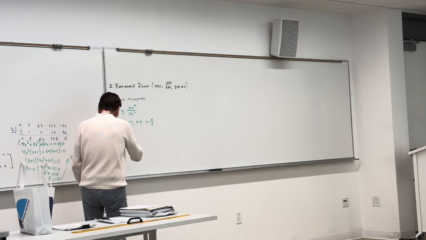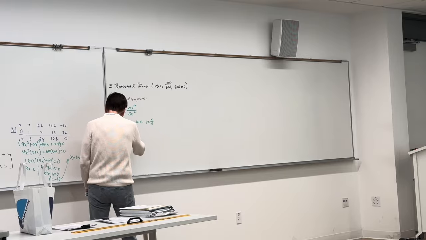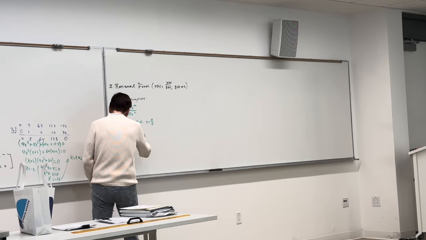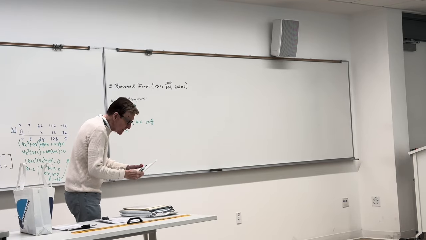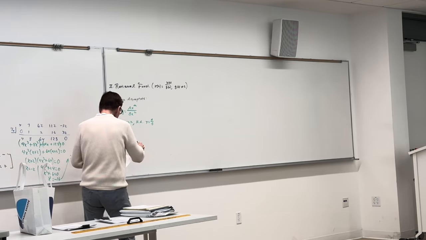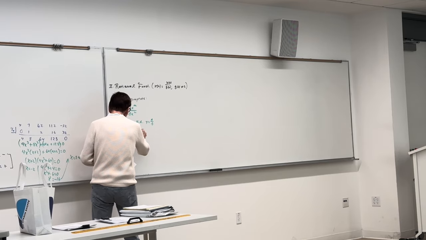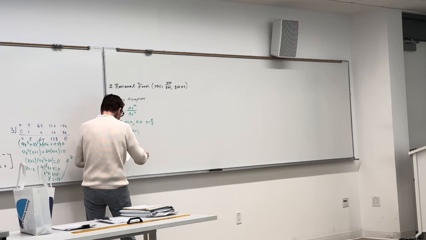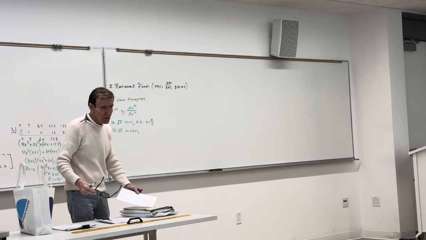On the other hand, I'm gonna call this case A. Case B, if m is equal to n plus 1. The one on top is exactly 1 larger than the one on the bottom.